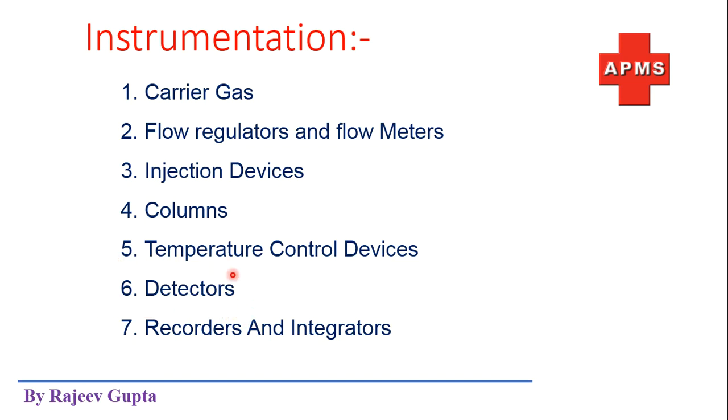Now after this detection, it passes signals to the recorders and integrators. In these recorders and integrators, some electronics is involved, where computers or other devices show these signals in graphical form, as various peaks.